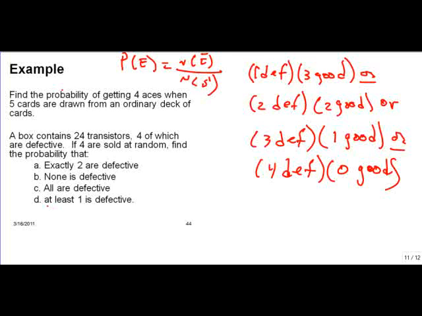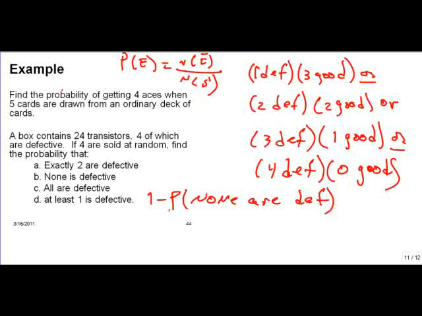So we could do one bad, three good, and so on, or note that this is just 1 minus the probability that none are defective.